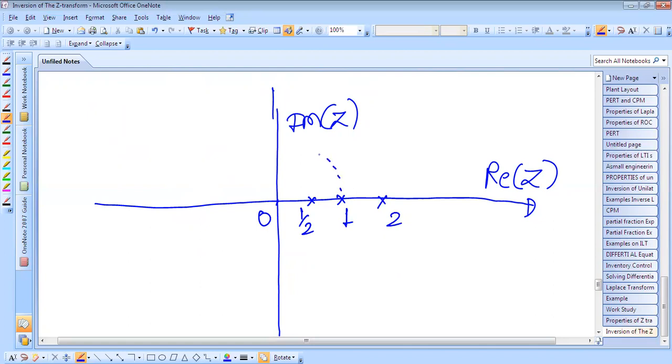This is the first unit circle of radius 1, and this is the second circle of radius 2.